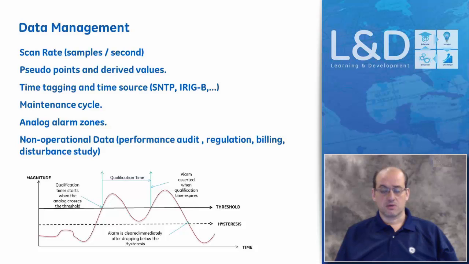It could be for billing purposes to customers, or to do a disturbance study, or when a fault takes place, to see what the sequence of events was that led to that disturbance. And maybe there is a trend in your substation that you need to follow over time in order to find the cause of all the disturbances in your substations.